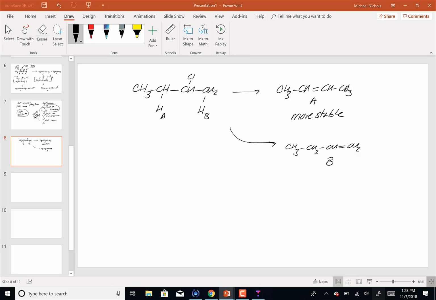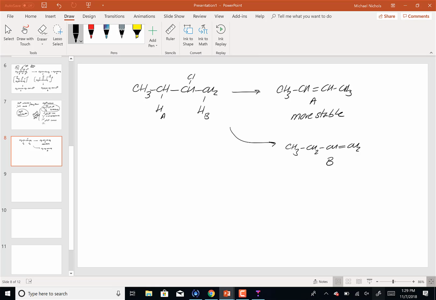Well, in order for synthetic chemists to have the maximum tools in their toolkit, we need to be able to form sort of the yin and the yang of the reactions. If I use this reagent, I get this product. If I use this reagent, I get the other product. So that way we can control what product we're making. And so this is kind of the first example of this.